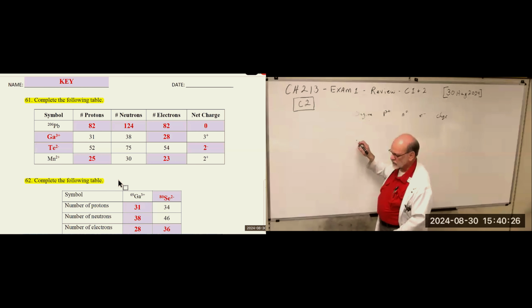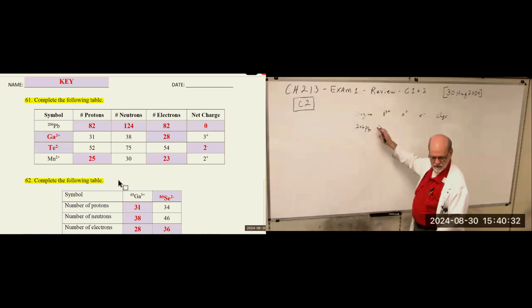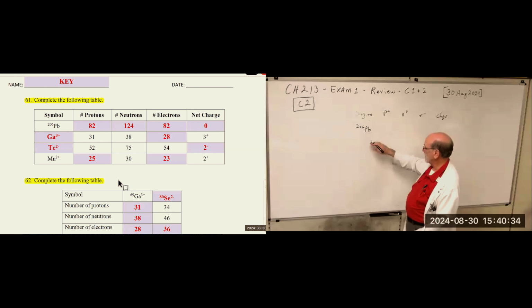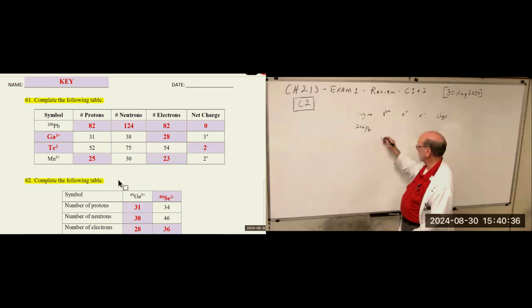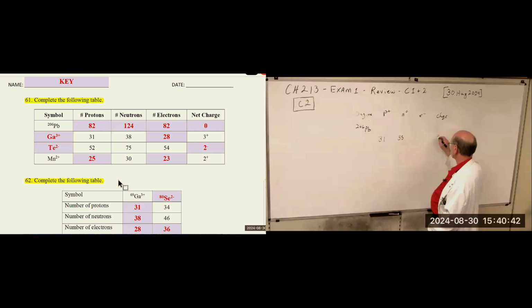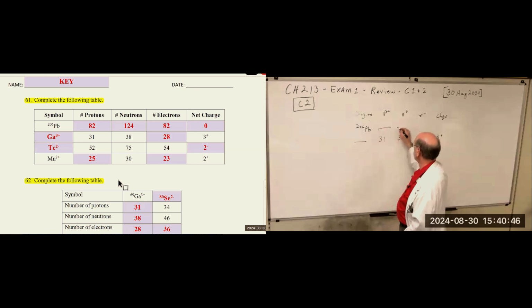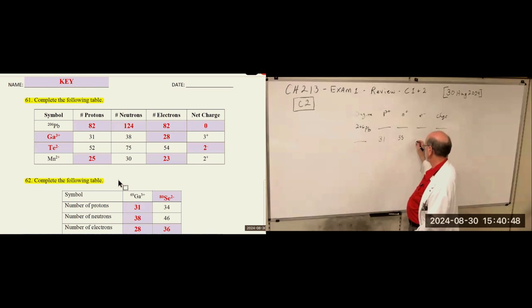So we're given 206 Pb. This one, we're given 31 and 38 and 3+. So we have that one, that one, that one, that one, that one, this one.